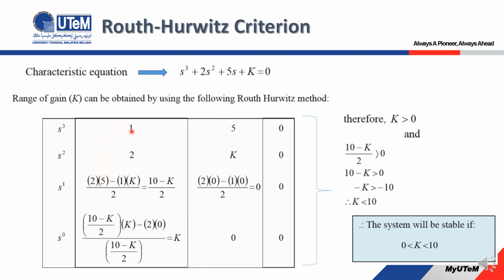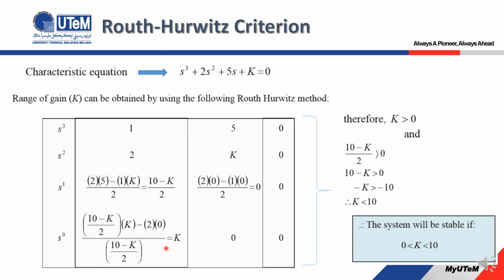In this case, this one is positive. The second one is also positive. So to make sure the system is stable, this coefficient and also this coefficient should be positive. So how to do that?